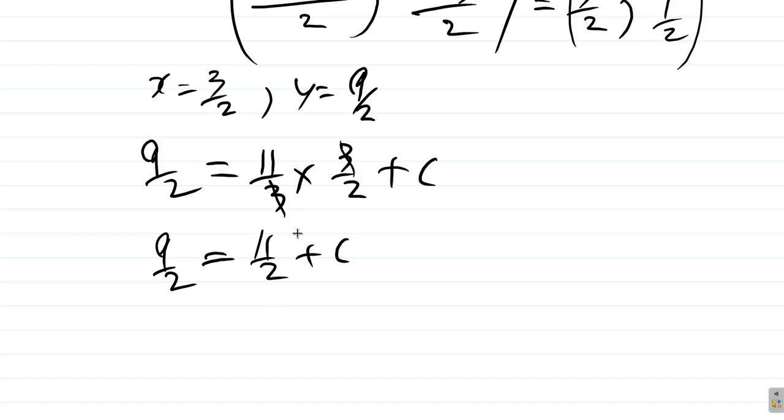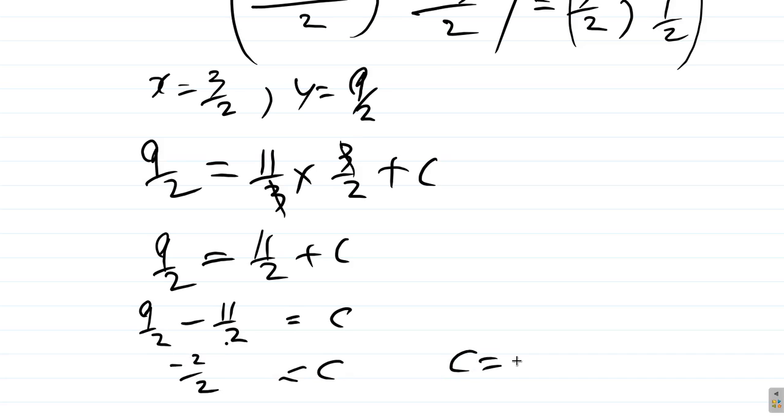Now, c would be 9 over 2 minus 11 over 2. 9 minus 11 is what? Negative 2. So c is negative 2 over 2. You can see that c is negative 1. Negative 2 over positive 2, that's negative 1.